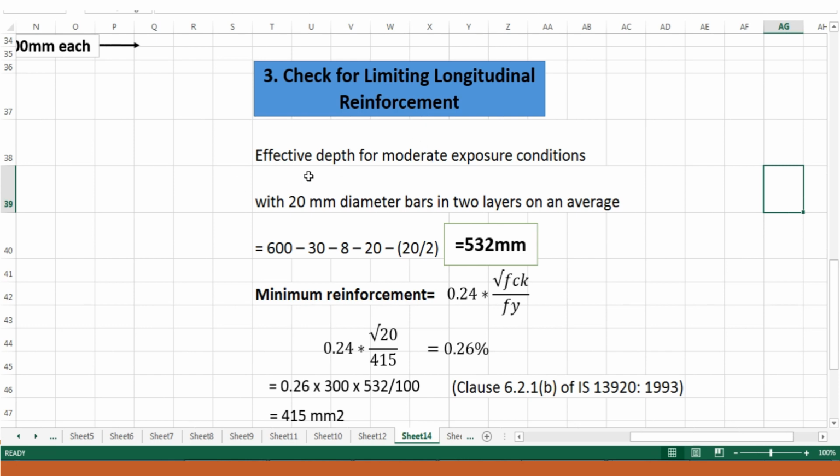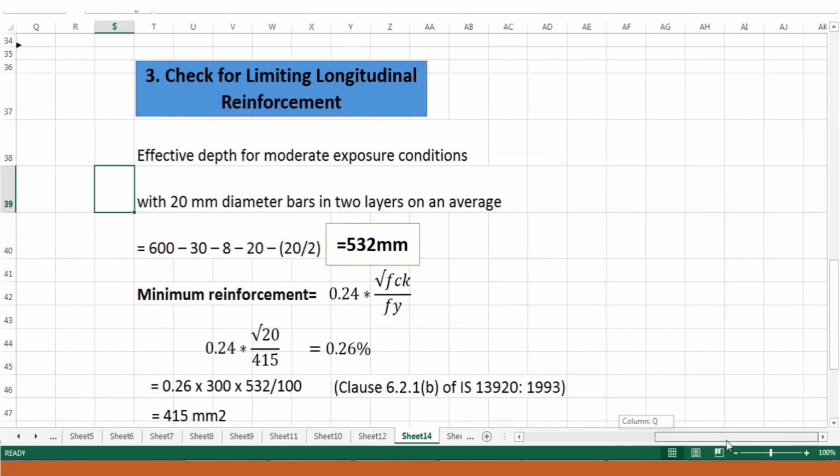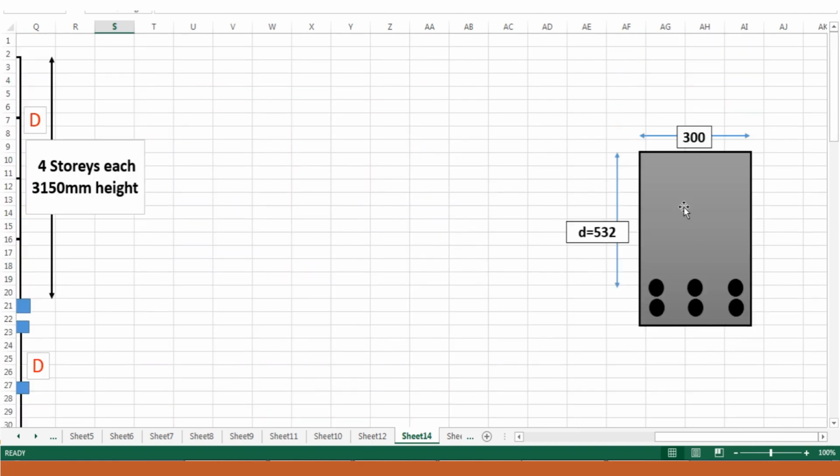What is the longitudinal reinforcement that we provide in the beam? It's the tension bars that are running at the bottom and the compression bars or the anchor bars which are running at the top. Now the effective depth for moderate exposure conditions with 20 mm diameter bars in 2 layers on an average would be, let's look at what we have.